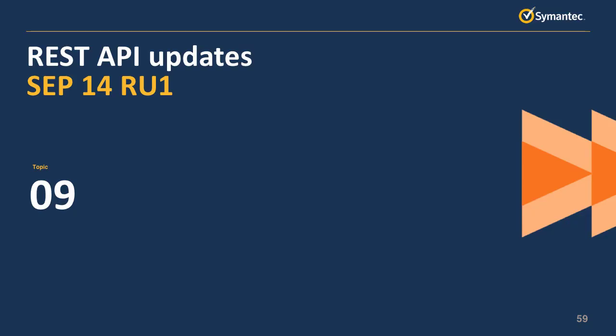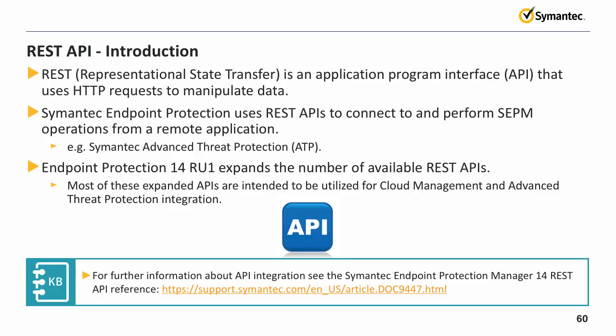This is the REST API for SEP 14 RU1 updates topic. REST, or Representational State Transfer, is an application program interface, or API, that uses HTTP requests to manipulate data. Symantec Endpoint Protection uses REST APIs to connect to and perform SEPM operations from a remote application, for example, Symantec Advanced Threat Protection.